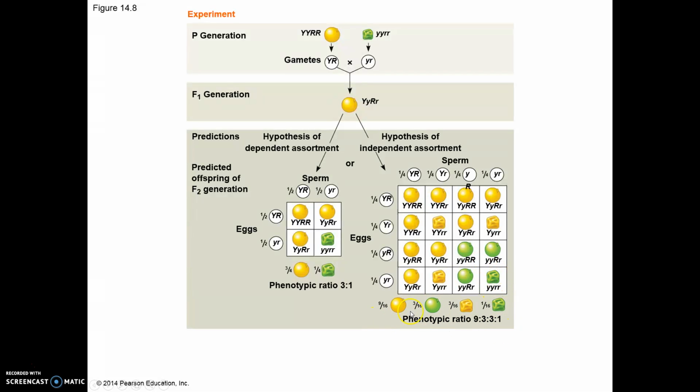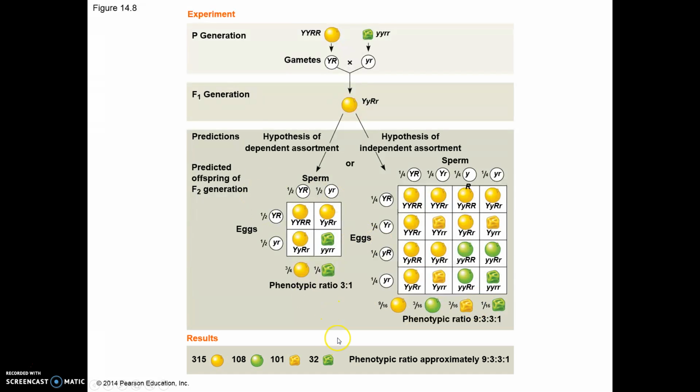So here, phenotypically, we would get a 9 to 3 to 3 to 1 ratio. So 1, 2, 3, 4, 5, 6, 7, 8, 9. 1, 2, 3, 1, 2, 3, and 1. So when Mendel did this, he happened to get this 9 to 3 to 3 to 1 ratio.